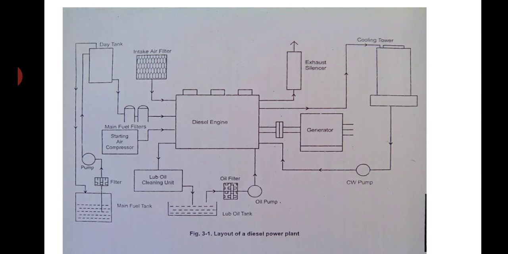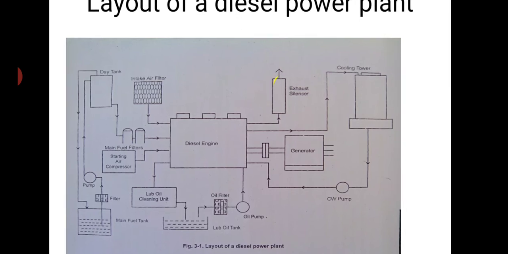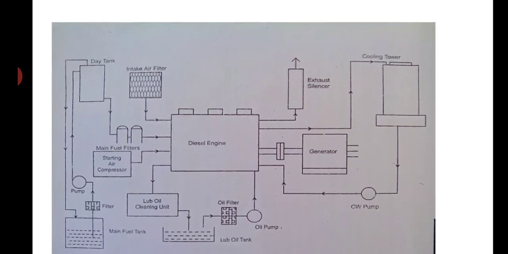So the cooling tower transfers the heat from the water to the ambient air, the water gets cooled, and it is recirculated back to the diesel engine. So this is the layout of a diesel power plant. A very simplified layout it is.